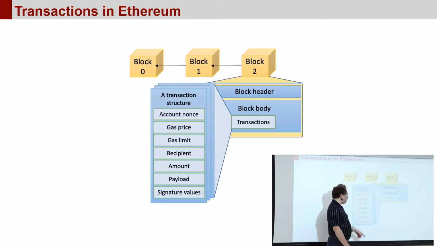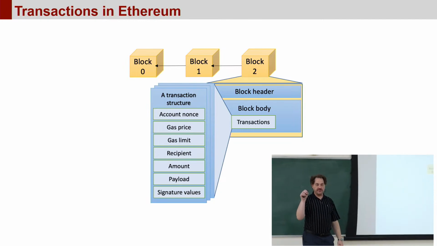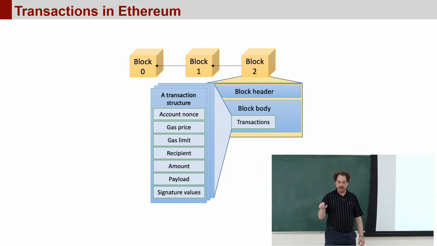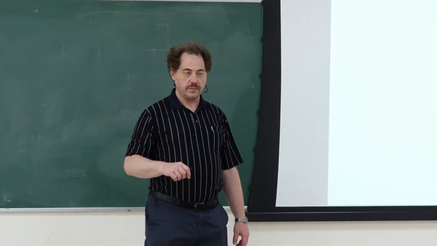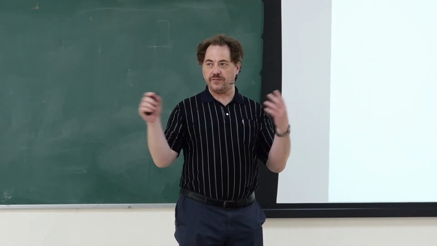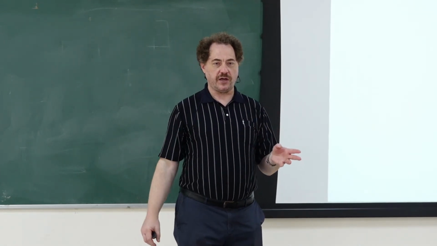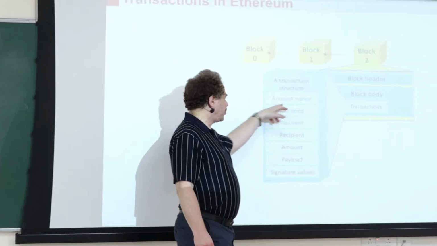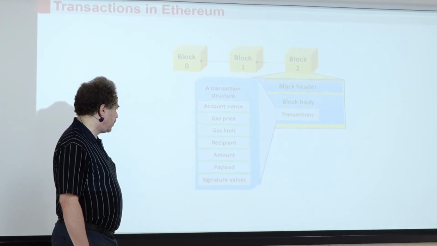Gas price is how much the sender of the transaction is willing to pay for the gas, because as mentioned, the gas price is also variable, and there is negotiation about the price of the gas. If the same transaction is executed at different times, like in a year from now, I'll be issuing the same transfer, I may be paying a different amount for the gas. So price is how much the sender is willing to pay for the unit of gas.